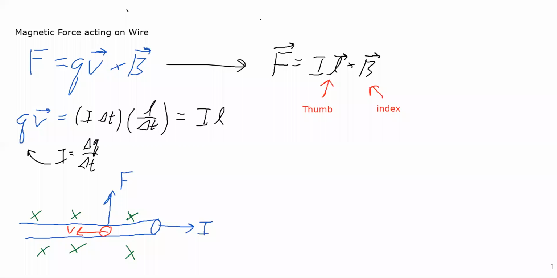Okay, so I'm going to zoom into this wire and see what's happening to these charges, and it's something that is not intuitive when we first look at it. So we're going to zoom in and look at a small segment of wire.